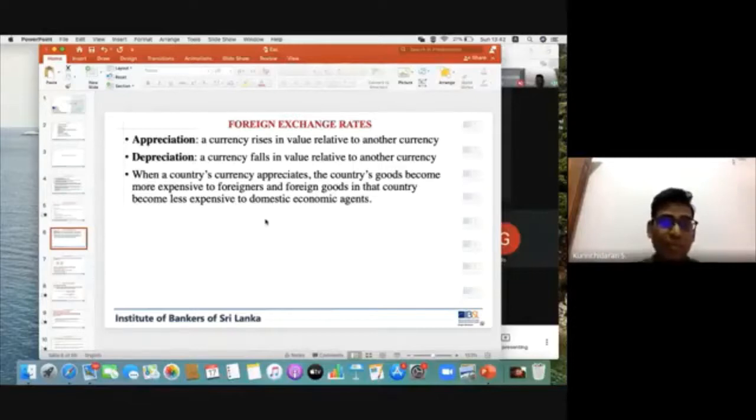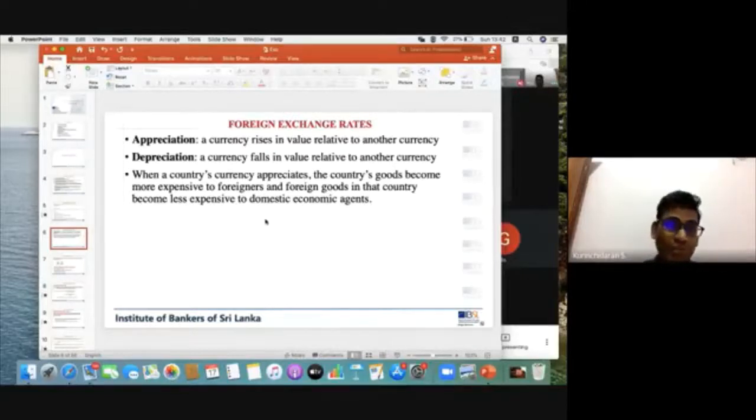Now if there's a good in the market that was sold at 200 rupees, the US people were able to buy it with $1. But now $1 is equal to 150.